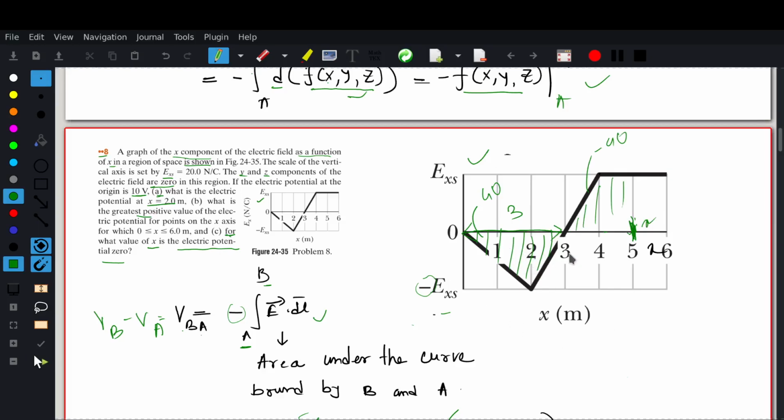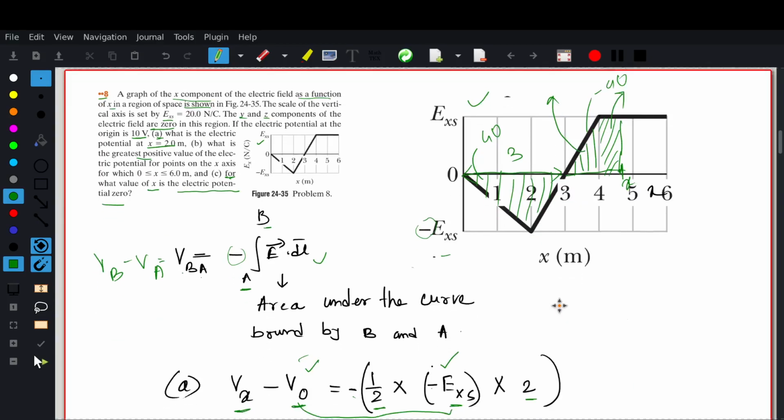Now to do that, I will calculate the area of this region only. I'll choose some x and try to determine what x is. You can break this region into two parts: one triangle and one rectangle. So we will find the area of the triangle and the area of the rectangle, and make their sum equal to the area under this one, and solve for x.